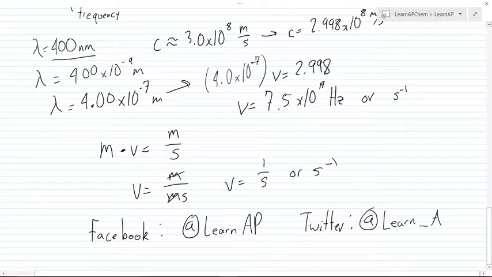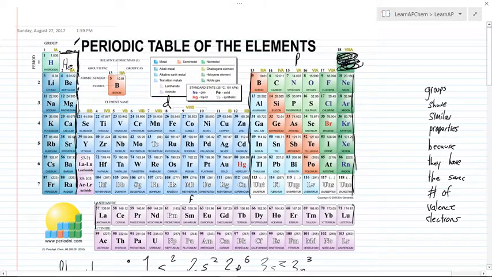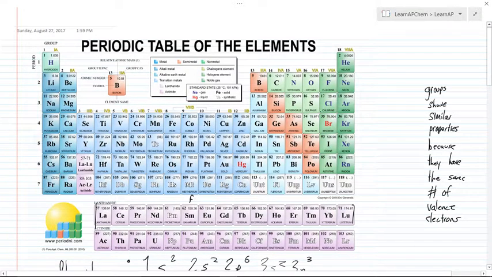Okay, so we have another question. Does helium have the same properties as group 2 elements? I was talking about this earlier, and the answer is no, it does not.